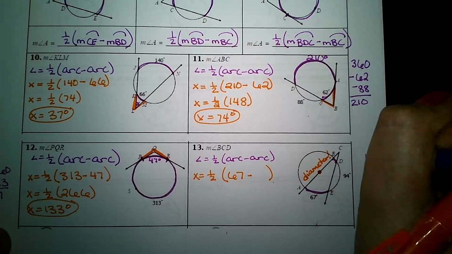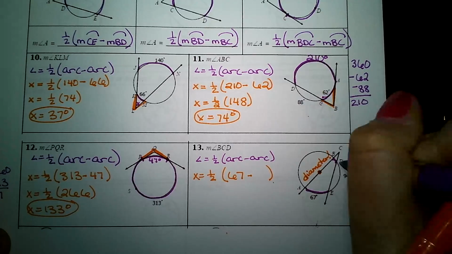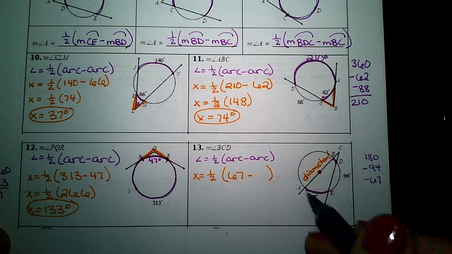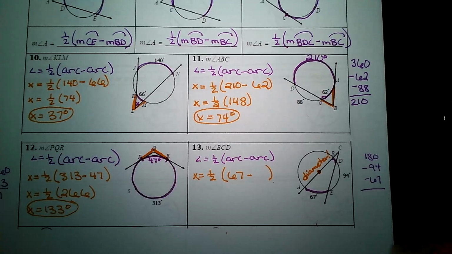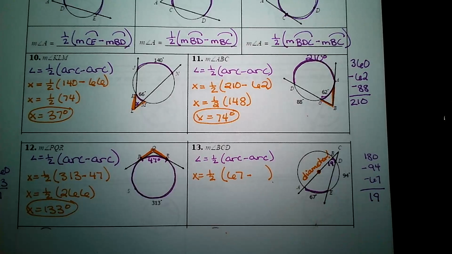So if there's 180 degrees on half the circle, we've used 94 here outside of the angle, and we've used 67 here on the intercepted arc. Whatever's left after subtraction is going to give us that teeny tiny slice at the top. 180, take away 94, take away 67, leaves me with 19. So this arc BD is 19 degrees.